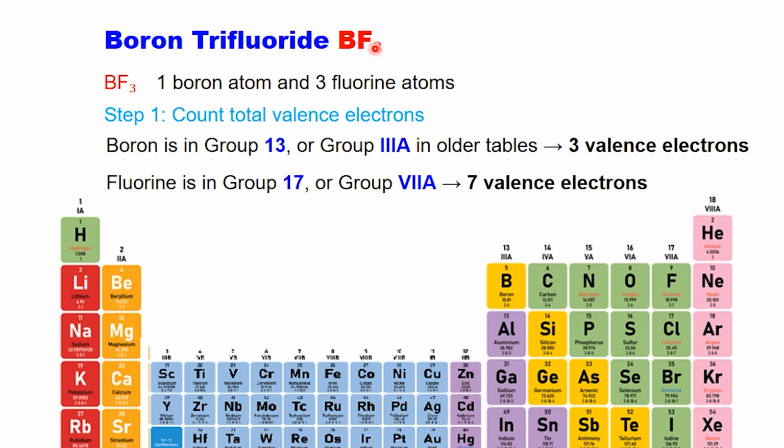Since BF₃ contains 3 fluorine atoms, that's 3 times 7, giving 21 electrons from fluorine. Adding boron's 3 electrons brings the total to 24 valence electrons. This is the exact number of electrons that must be represented in the Lewis structure.